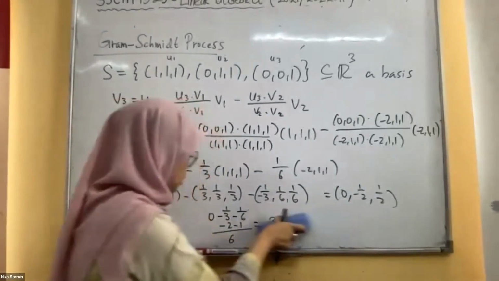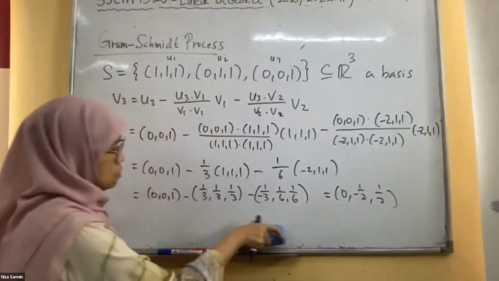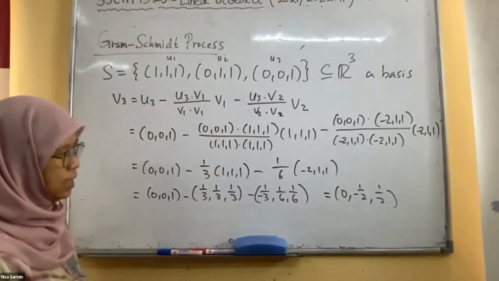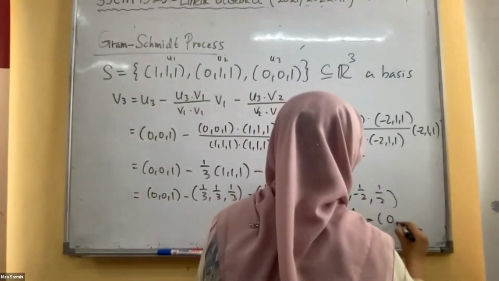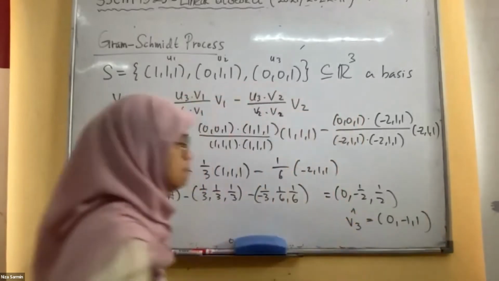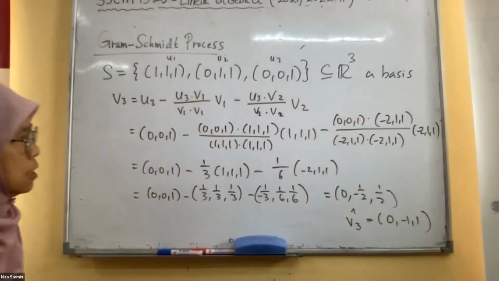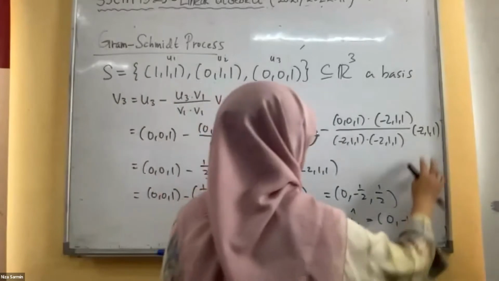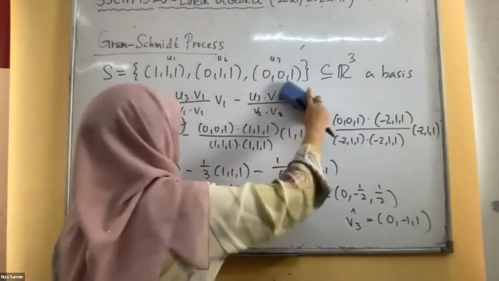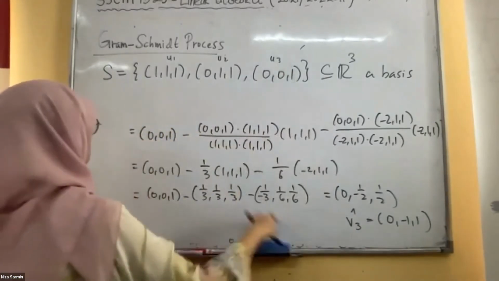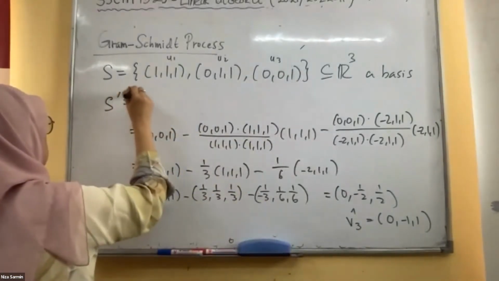You can use your calculator. Okay, so this is V3. So V3 hat is 0, -1, 1. Then you can check this with V2 just now. And you get your S prime.